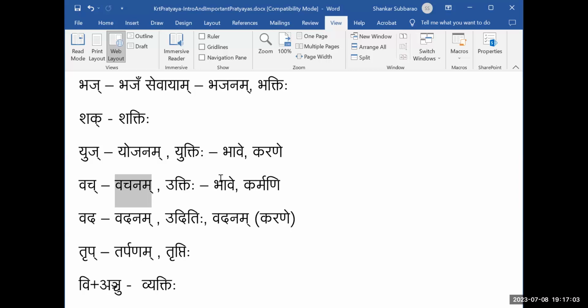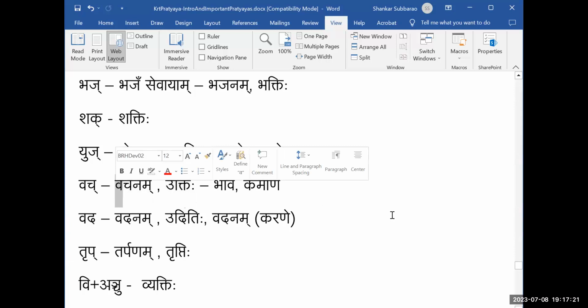Kujanam. Similar other words are there. In tin it becomes uktihi. Similarly, in kta pratyaya, uktaha. In lit lakara, uvacha. All these are samprasaranam. Va is becoming u. Okay.